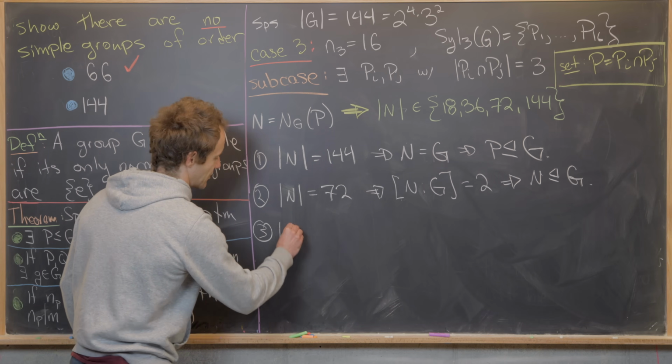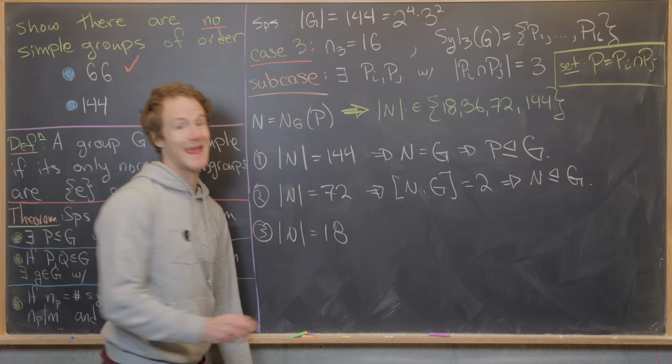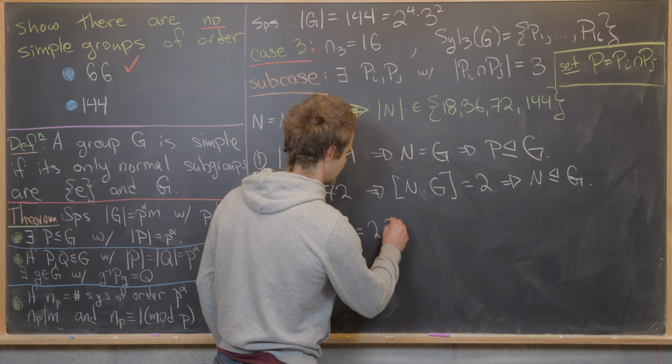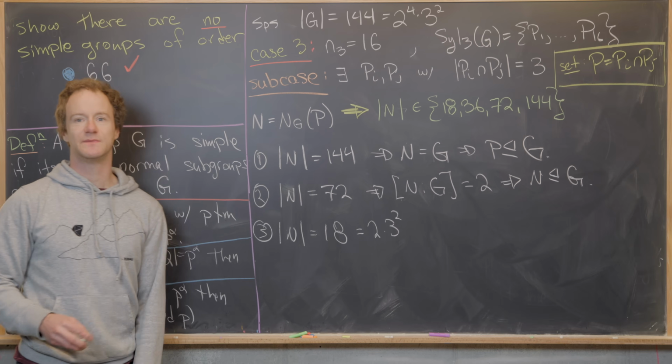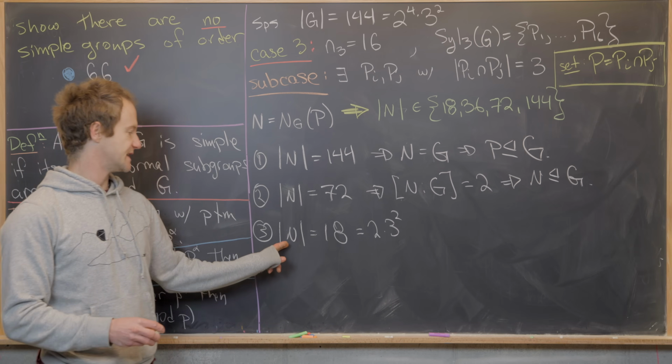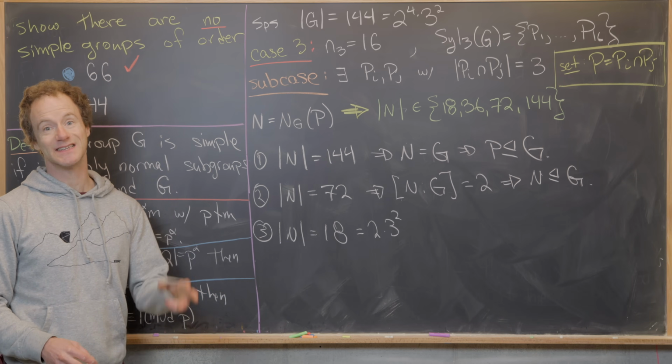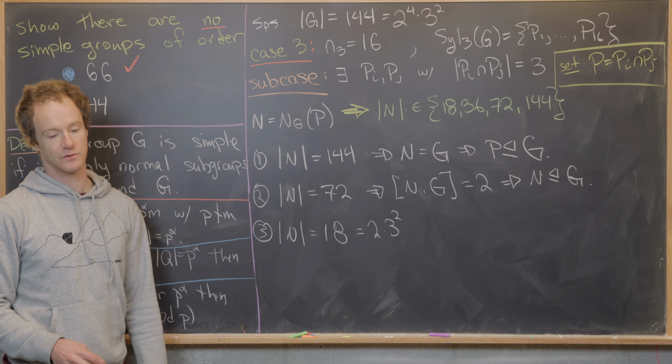So let's say the number of elements in N is equal to 18. But notice that 18 factors like 2 times 3 squared, or 2 times 9, which means this subgroup N has its own Sylow 3 subgroups.